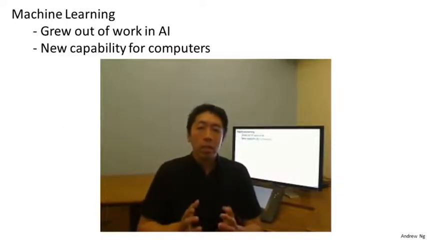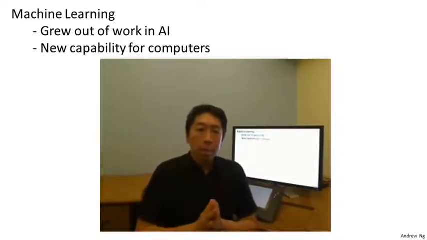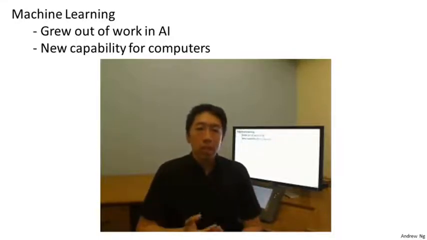There was a realization that the only way to do these things was to have a machine learn to do it by itself. So machine learning was developed as a new capability for computers, and today it touches many segments of industry and basic science.